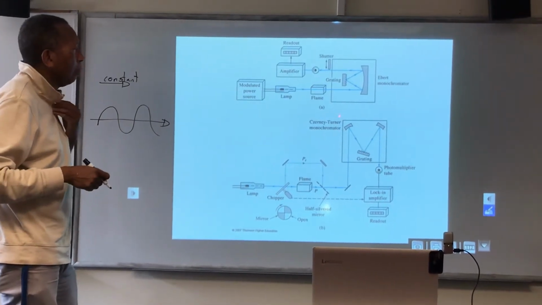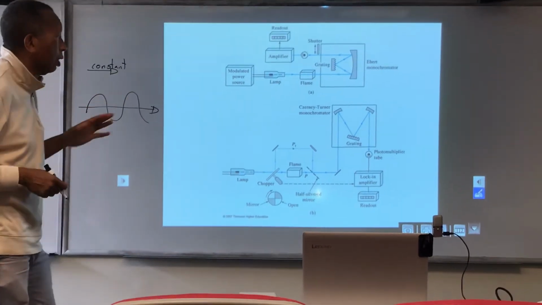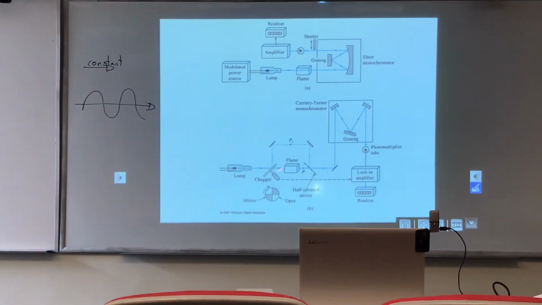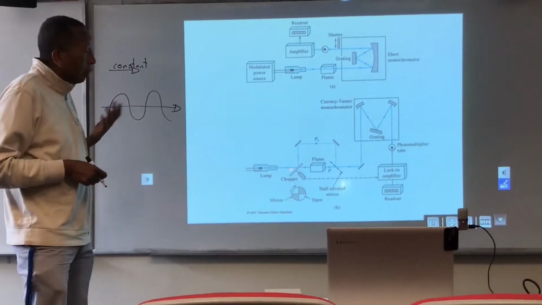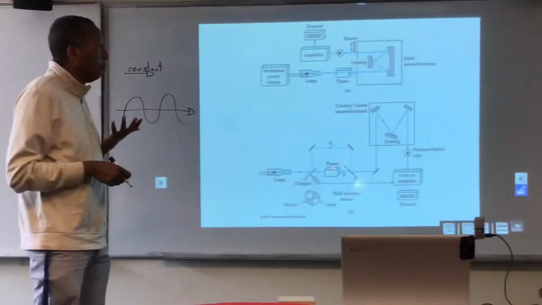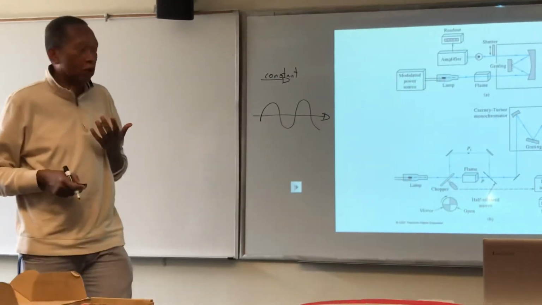The monochromator is set at a particular wavelength, so it discriminates against all other wavelengths. But we might still have the wavelength of the lamp. All right? We might be getting the same wavelength from the lamp as we're getting from the flame. So we have to figure out some way to distinguish the two.